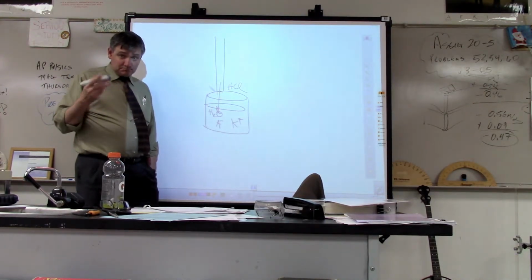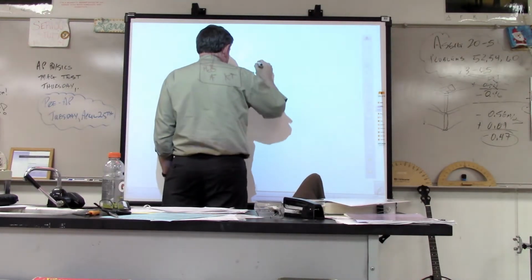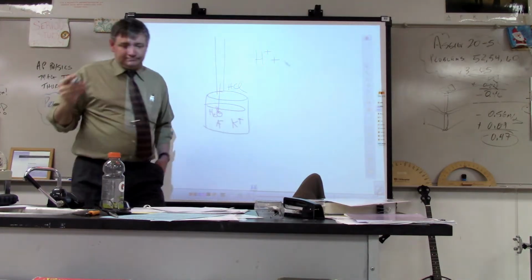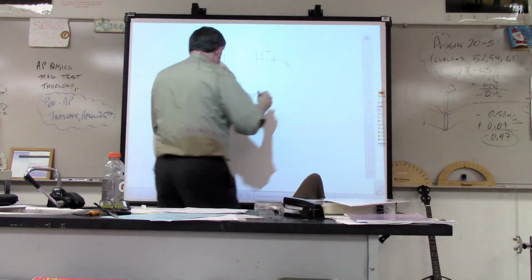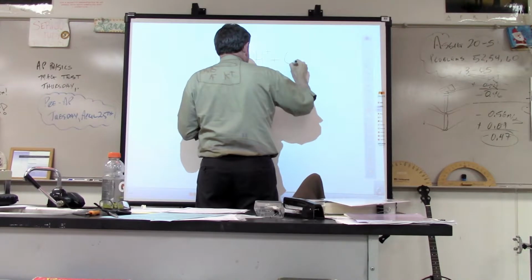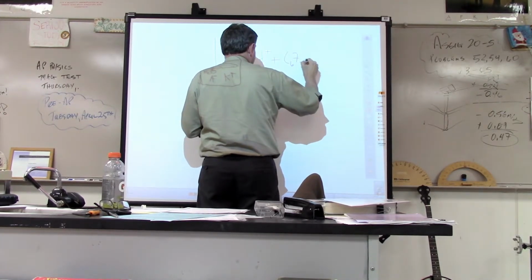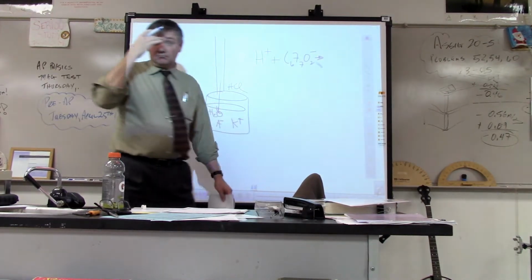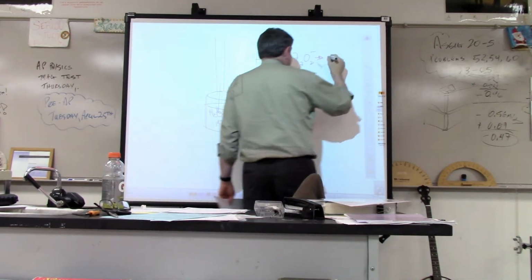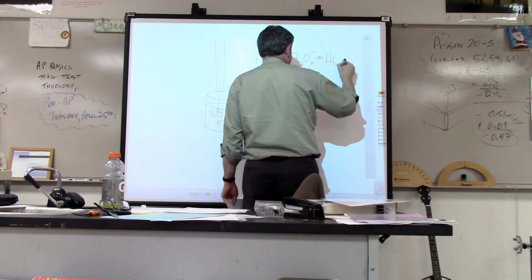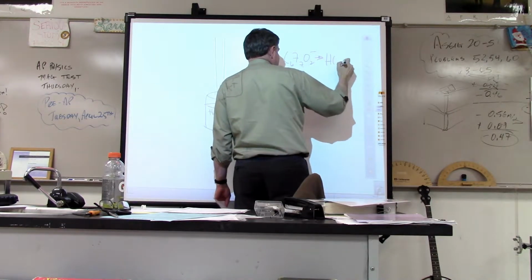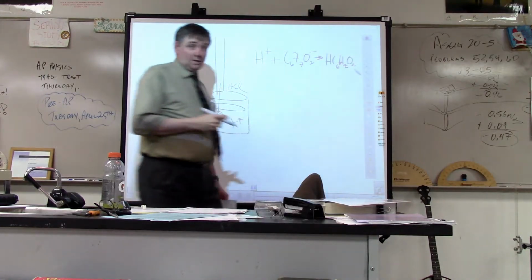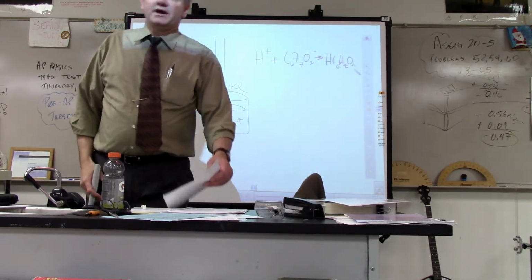Let's just go with H plus. It's a lot cleaner. So the H plus is going to react with your, whatever that formula is, C6H7O2, and what are you going to get? Sorbic acid. Yeah, you're going to make some more of this, C6H7O2. Okay? So, there's your anionic equation.